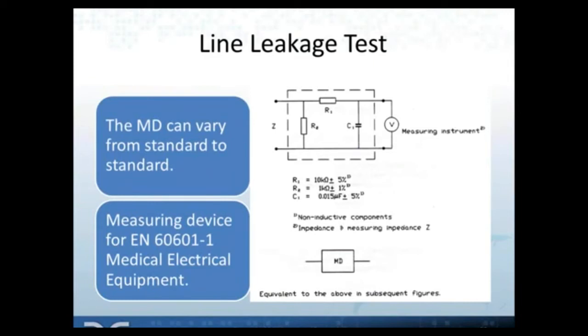Again, the measuring device can vary from standard to standard. Here's an example of a measuring device for EN 60601, which is the standard for medical electrical equipment. As you can see, the measuring device consists of basically resistors and capacitors simulating human body impedance.